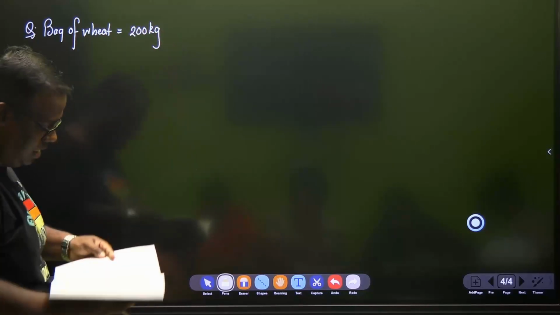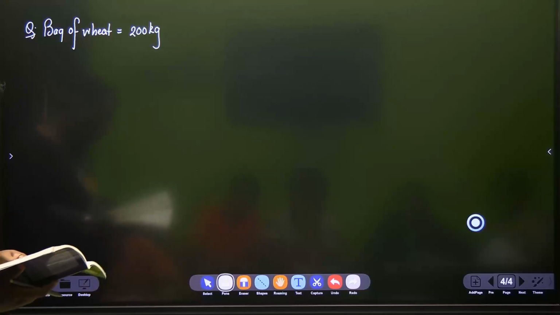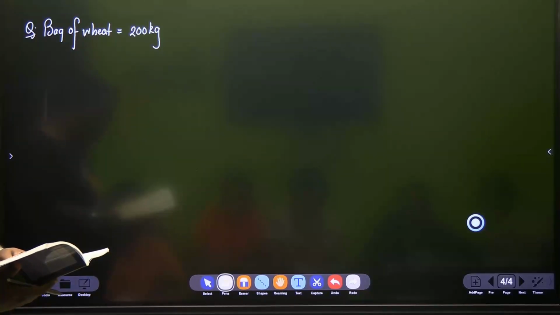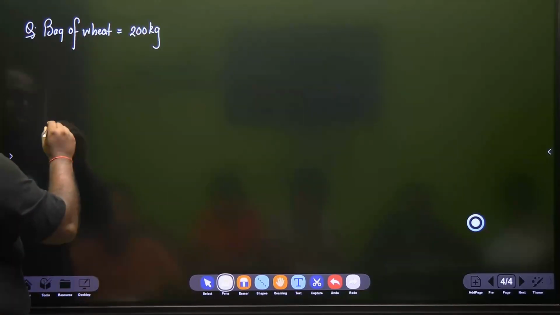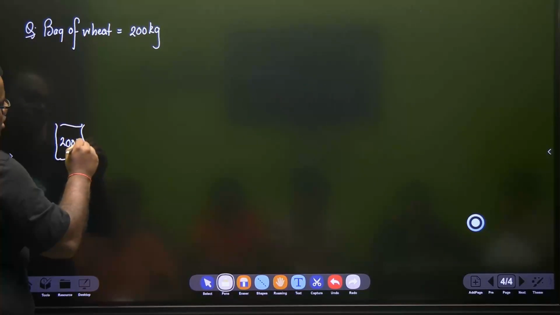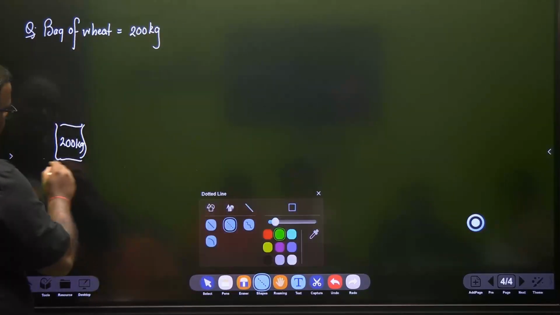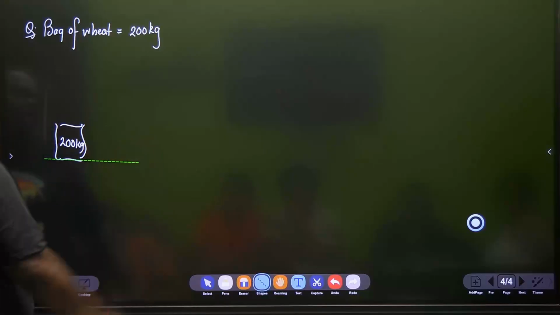Why did I say this is mass? If it was weight, it would have been in newtons. Okay, so now we need to raise it. Its mass is how much? 200 kg. And this bag is right now lying where? On my head, right? So it's lying here.